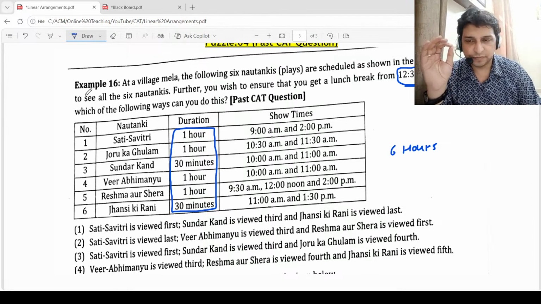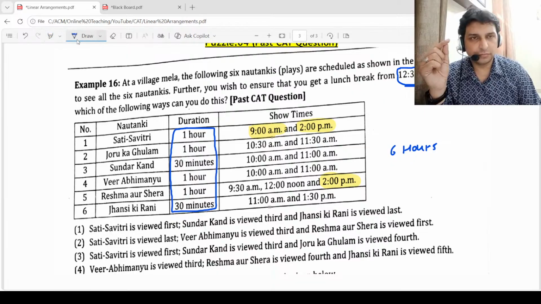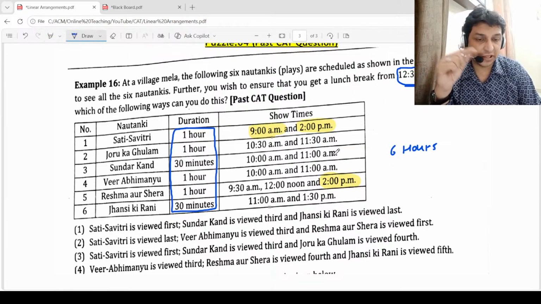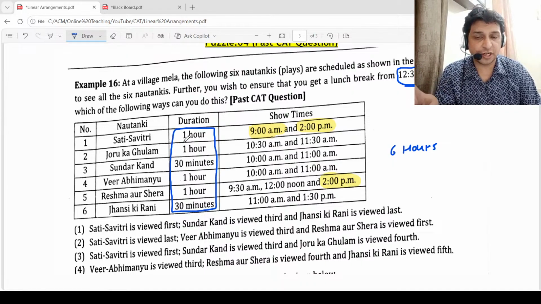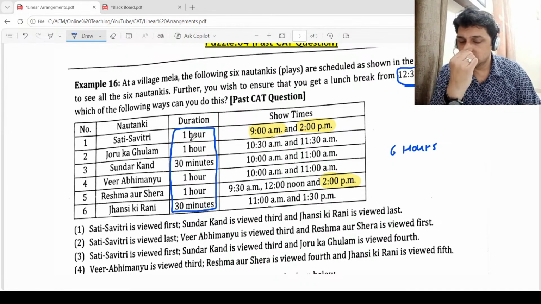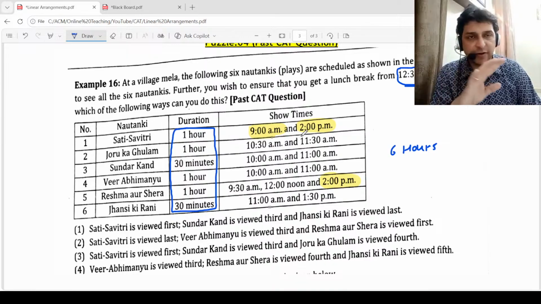The first show starts at 9 a.m. and the last show starts at 2 p.m., either here or here. That means you have a window from 9 a.m. till 3 p.m., because the 2 p.m. show, in any case, whether it's Reshma aur Shera or Sati Savitri, will take 1 hour each. So 2 to 3, it will be over.